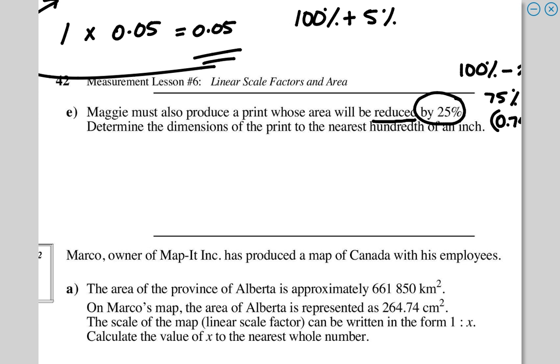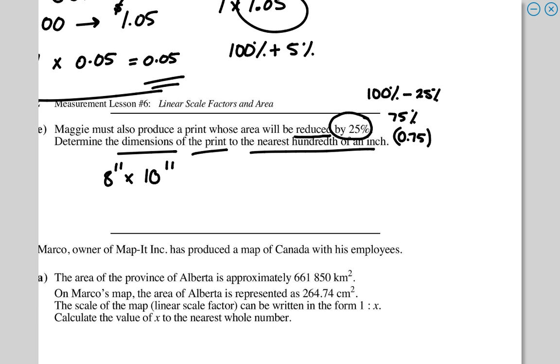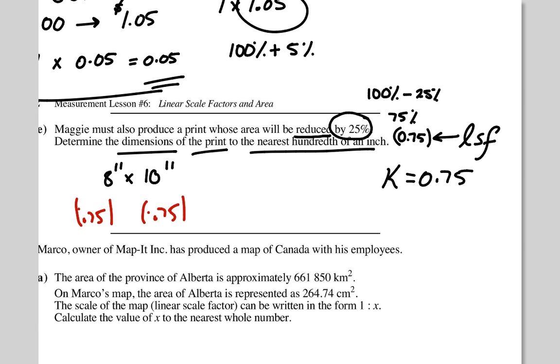So Maggie is going to do this reduction. Determine the dimensions of the print to the nearest 100th of an inch. It was originally an 8 by 10. Do you guys agree? 8 by 10? And this 0.75 is my linear scale factor, which we call K. So I have to multiply each one of those by 0.75, each one separately.